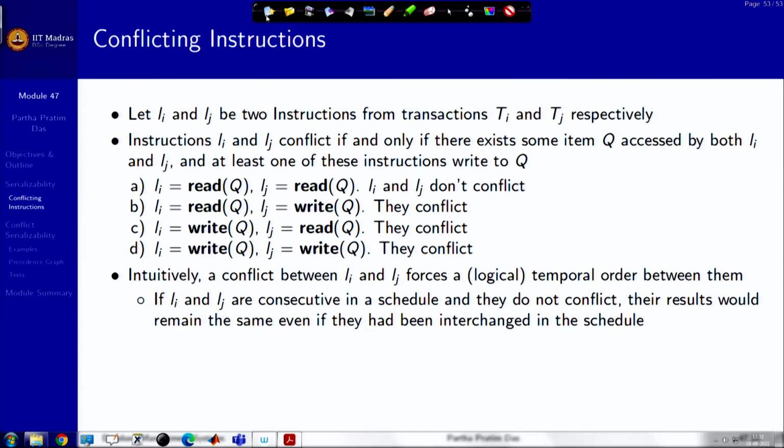Now, at this point it will be good to note that if Ii and Ij are consecutive in a schedule and they do not conflict, then their result will remain the same even if they are interchanged. Okay.